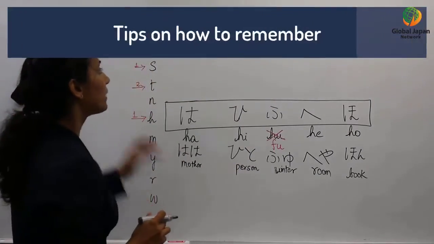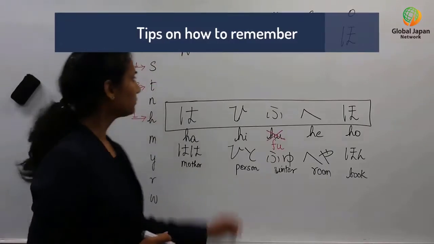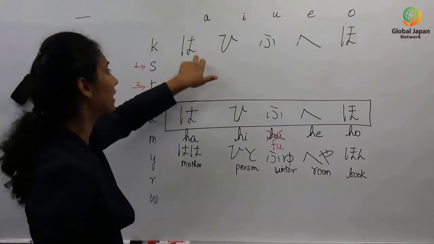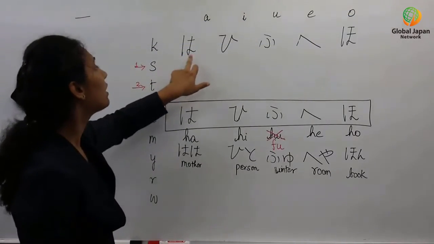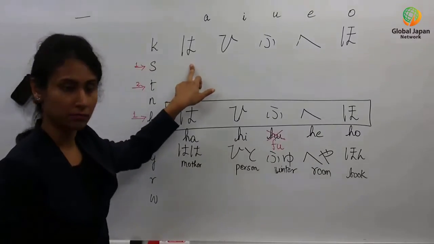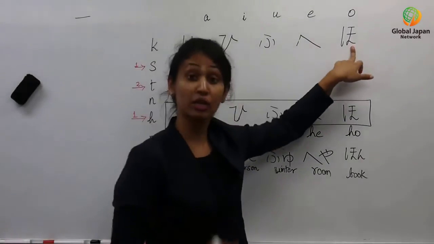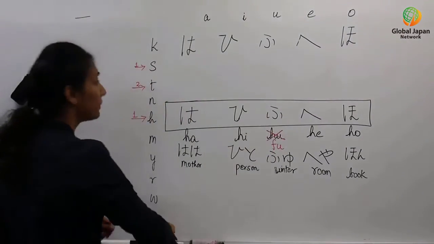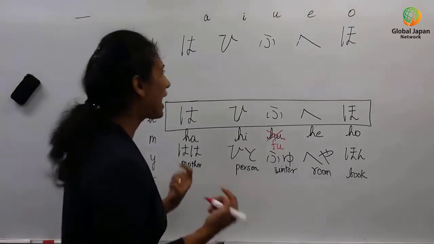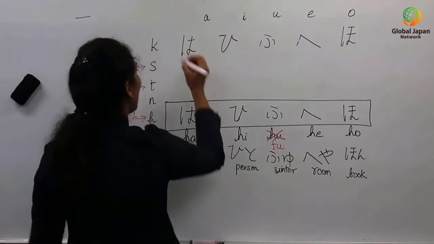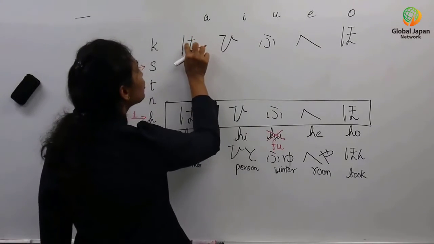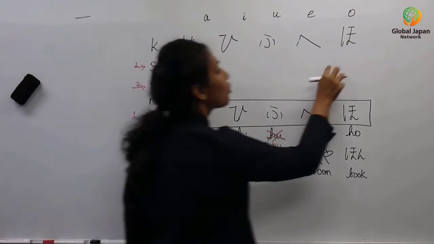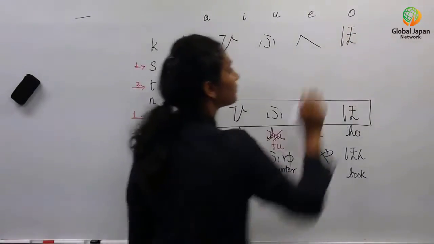Coming to how to remember the characters. A line beside that, a character here. A line with an L is ha. A line with an L is also ho. What is the difference between ha and ho? Well, I used to get confused before. Ha has just a single line, whereas ho has 2 lines here.